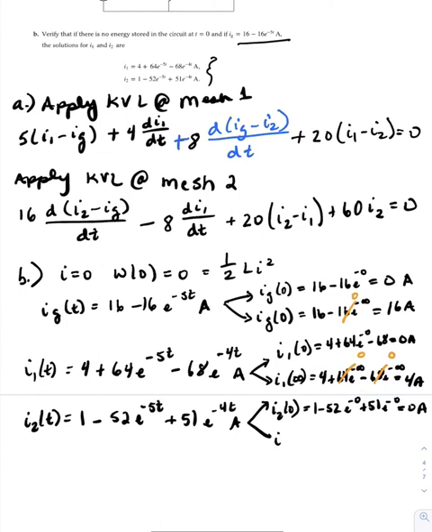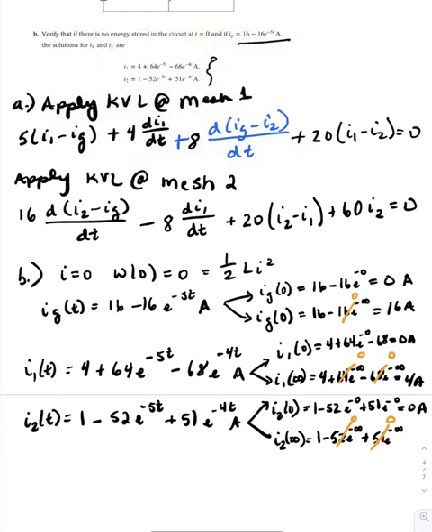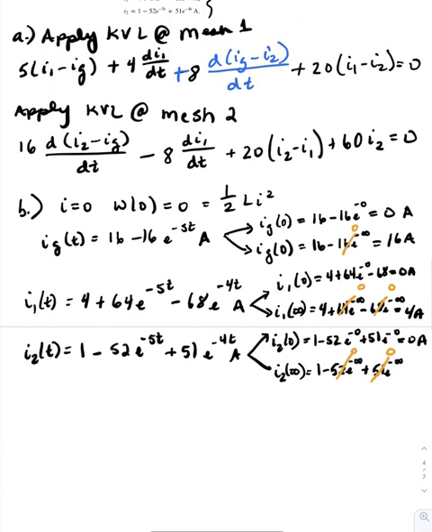And I sub 2 at infinity is 1 minus 52 e to the minus infinity plus 51 e to the minus infinity. This is 0, 0. So that would give us 1 amp.